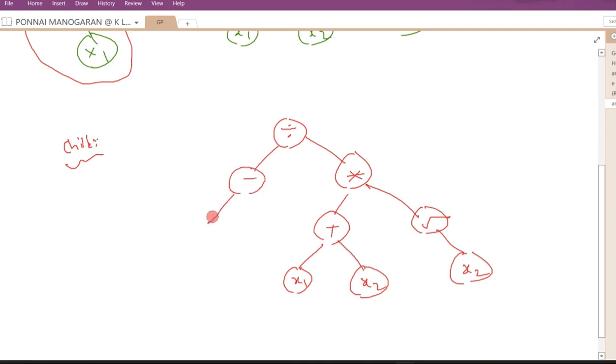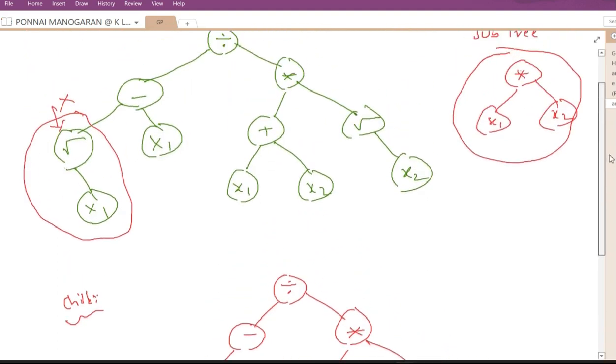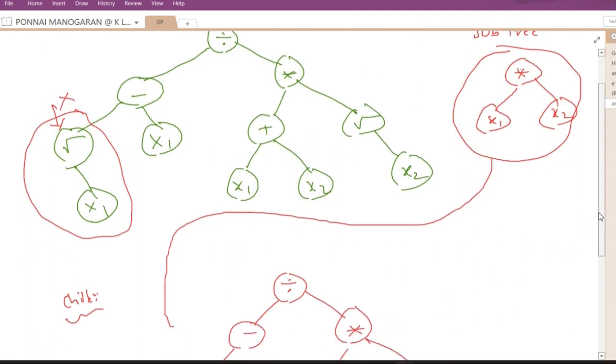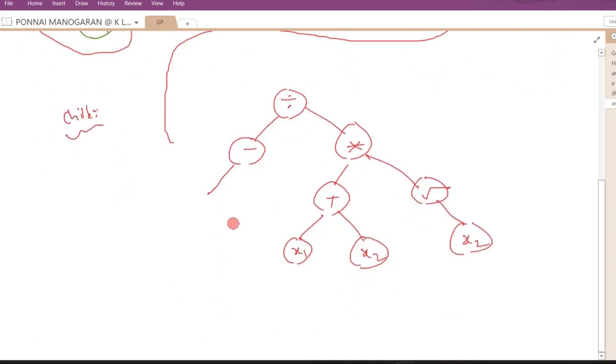Now this part you will get, this right subtree. You can see this. Now you can see this subtree you will add at this position. You can see the difference here. X1, and here you are adding this subtree.